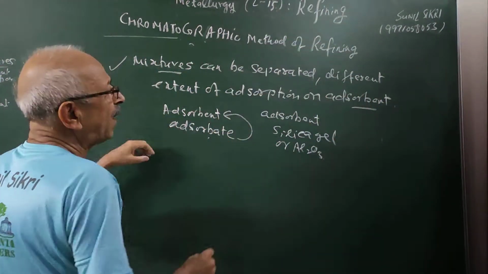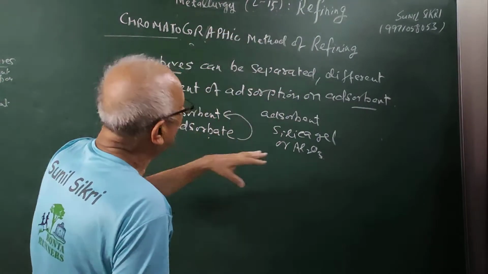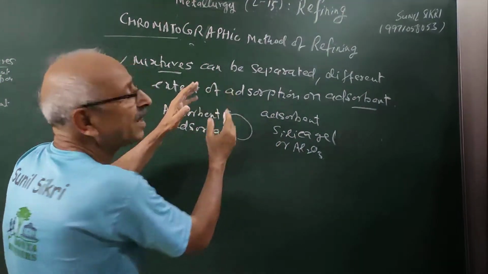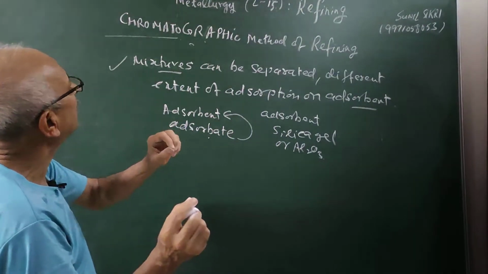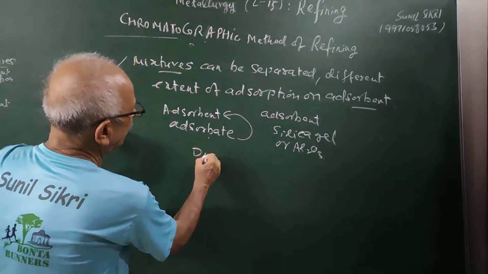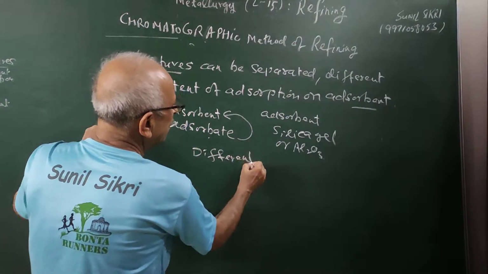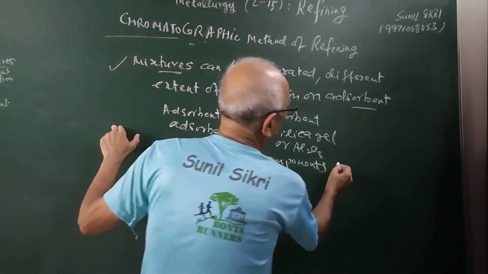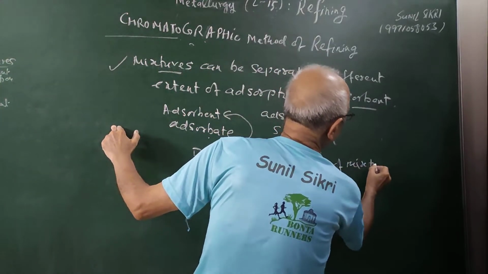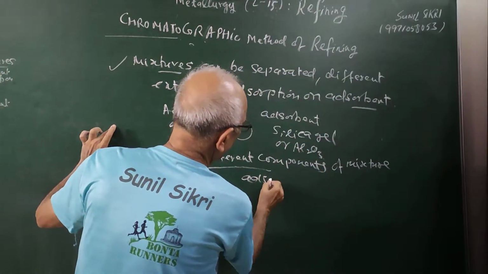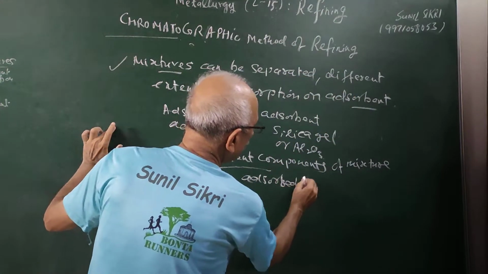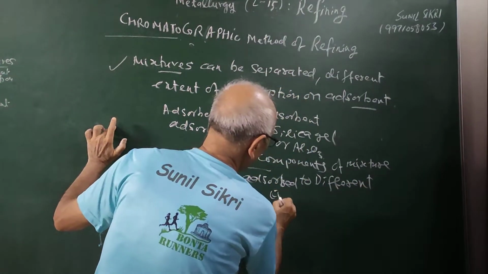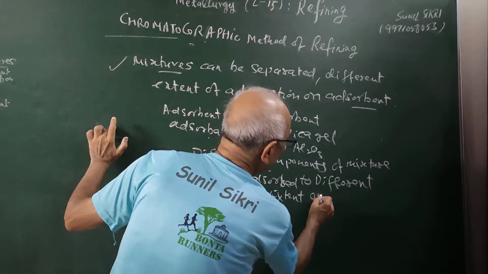The mixture of compounds will be added to this adsorbent, but the mixture has different components, and different components of the mixture are adsorbed to different extents on the adsorbent.